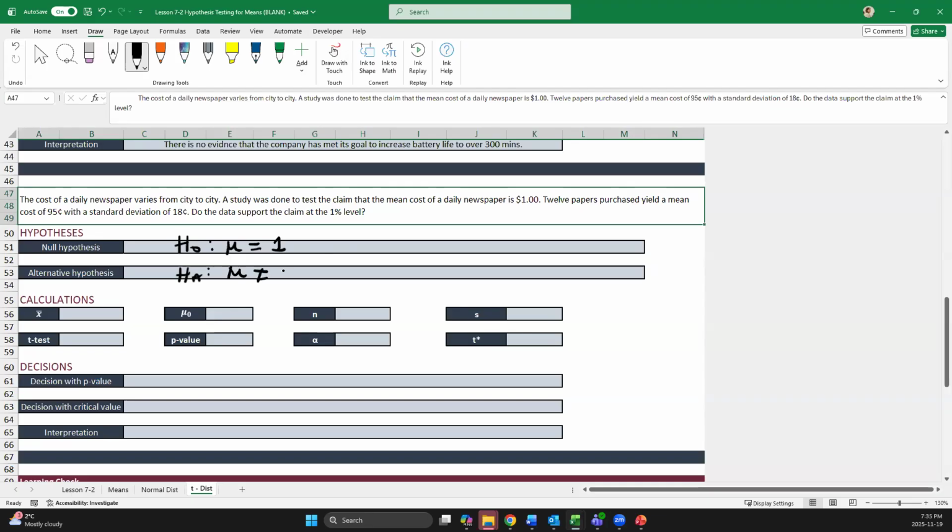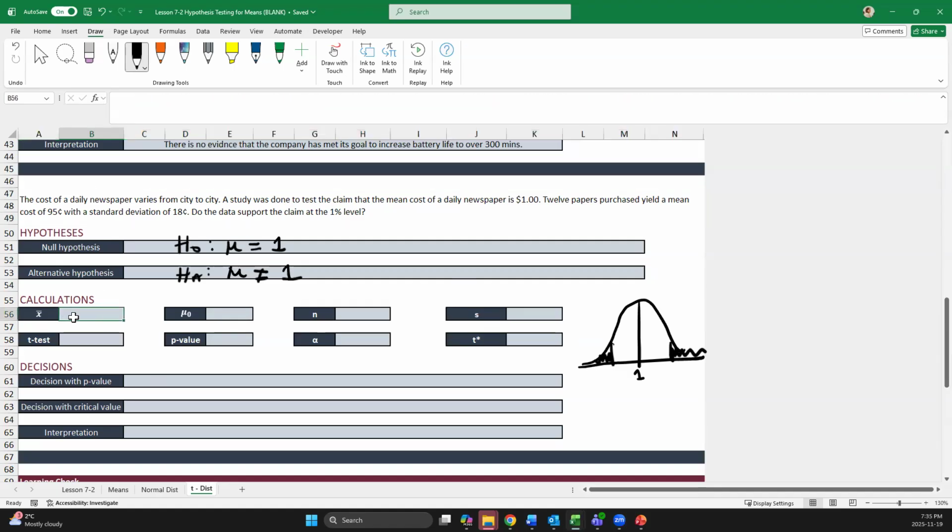This is where you can use a two-tailed test, just to say, is 95 cents different enough than $1? Not necessarily bigger or smaller. For the two-tailed test, it's testing if you could be bigger or smaller, where the mean amount of $1 would be in the middle, and we want to find the chance that you could be bigger or smaller than that amount.